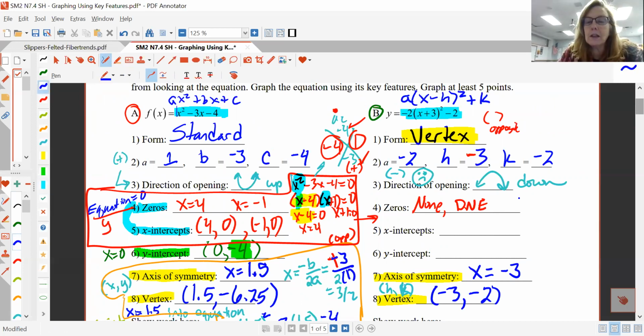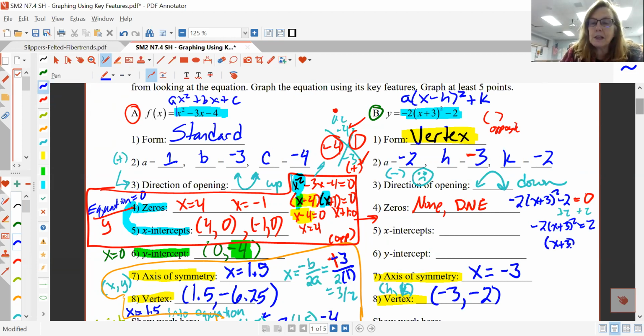So I get negative 2 times (x plus 3) squared minus 2 equals 0. Then I continue solving it. Add the 2. Divide by negative 2. I'm not going to write that step. I get (x plus 3) squared equals negative 1.